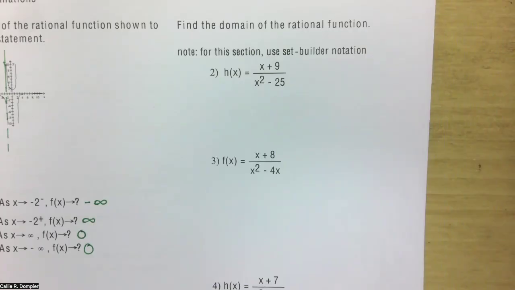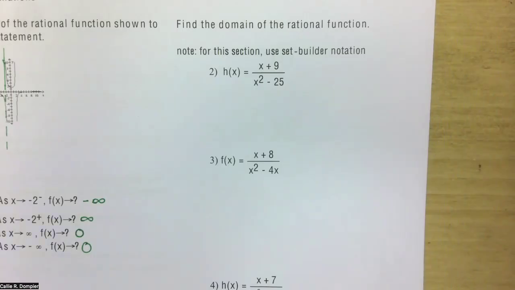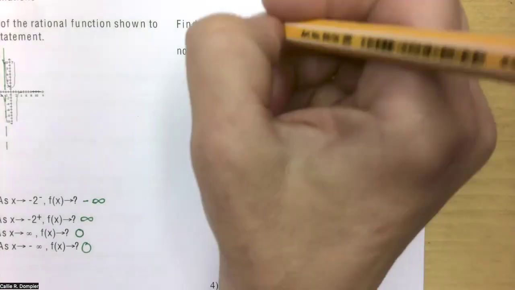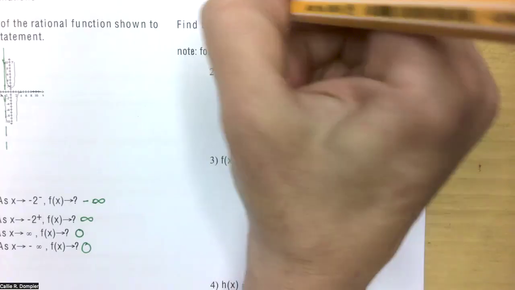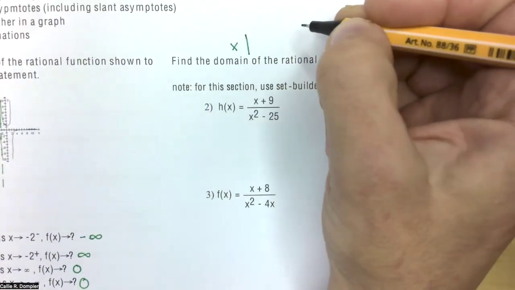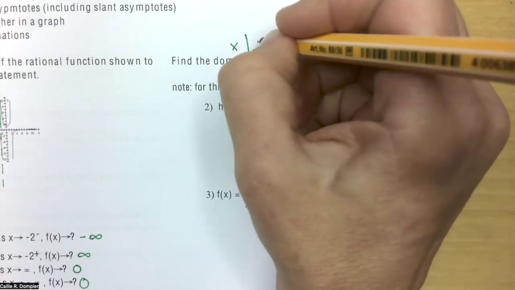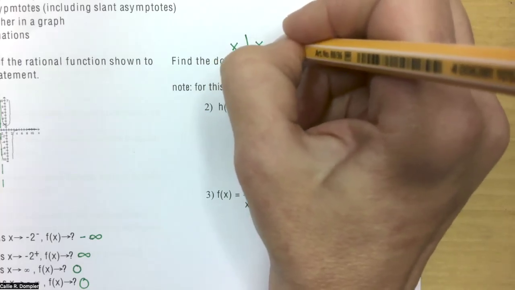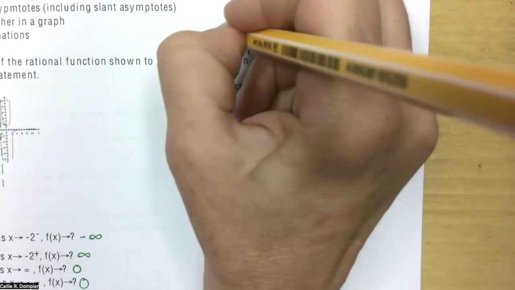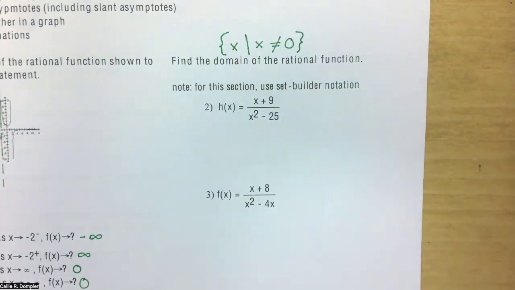Okay, next we're going to find the domain of the rational function. We're going to use set builder notation to write the domain. Set builder notation is just a different way to write it. It looks like this: x such that, you could say all real numbers, or you could say x cannot be 0, for example. That would be a type of set builder notation. All right.